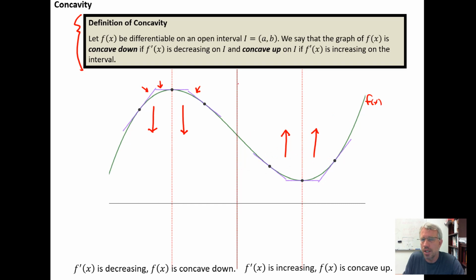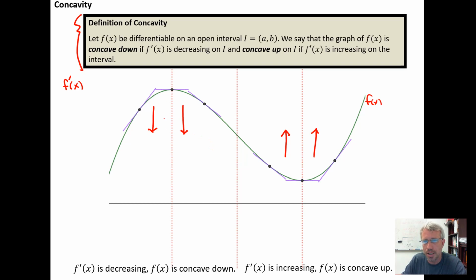So that's the first thing to notice. The second thing to notice is about the tangent lines. And remember, when we're talking about the tangent lines for a function, we are talking about the derivative of the function, because the derivative is the function that describes the slopes of the tangent lines to the function.